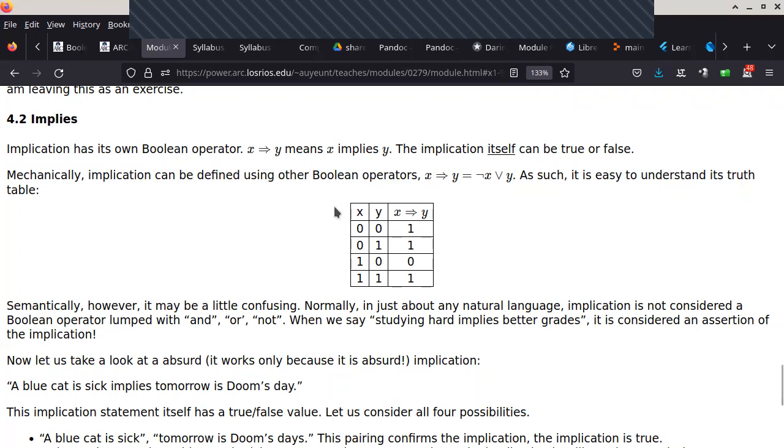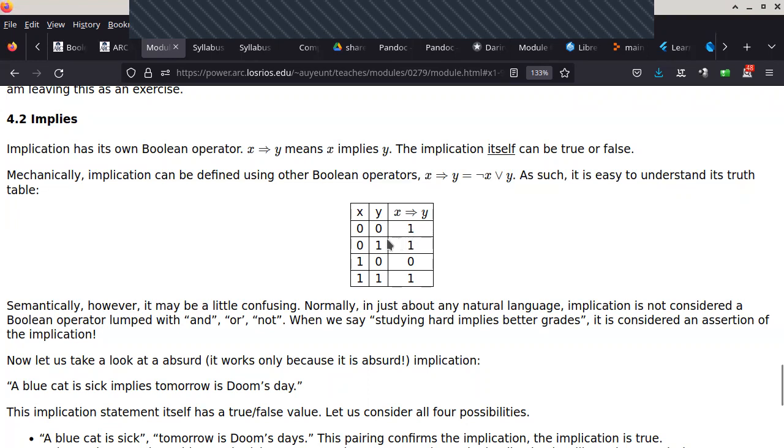Now, no matter how you look at it, this is the truth table of implication. Once again, we have x and y as independent variables, which means the value of x does not depend on the value of y and vice versa. So now we have the truth table having exactly 4 rows, just like the and the or. And now we are defining what is x implies y given the values of x and y.